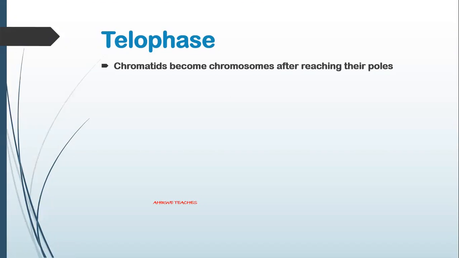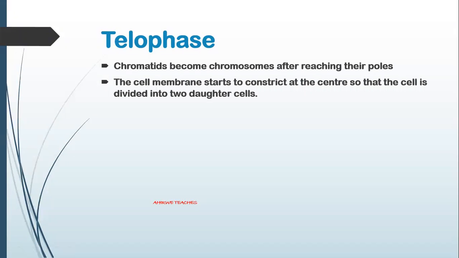When the chromatids reach the opposite poles, they join together at the centromere and become chromosomes again. Then the cell membrane begins to constrict so that the cell is divided into two daughter cells, and the constriction is completed, finally forming your two daughter cells.